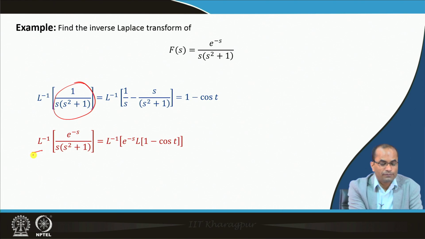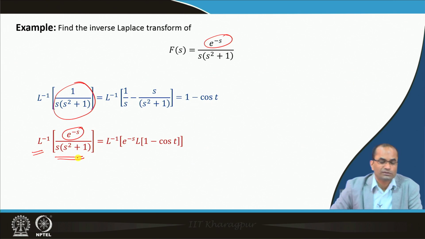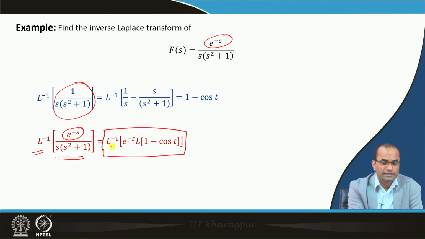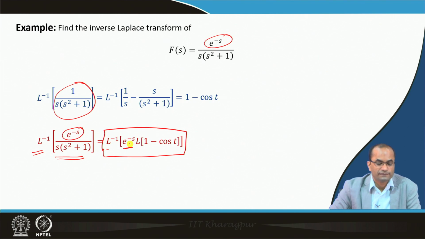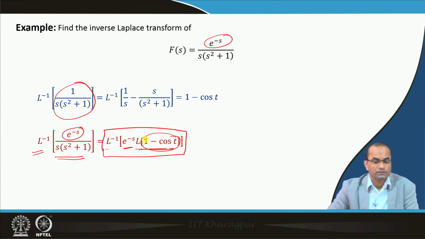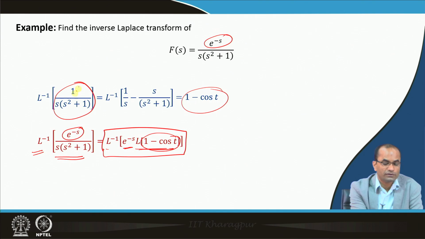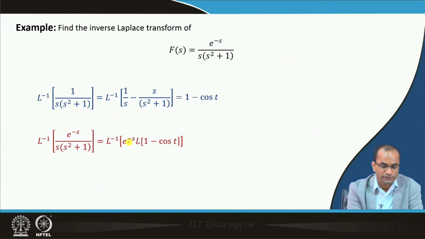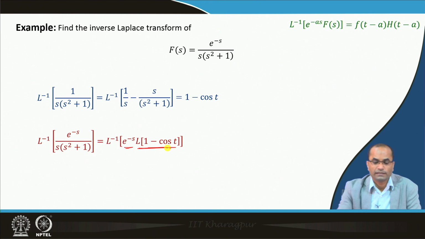Now, getting to the Laplace inverse of e^(-s) with this s into (s square plus 1). We will apply the shifting theorem. The Laplace inverse of this is 1 minus cos t. The second shifting theorem says that the inverse of e^(-as) F(s) is f(t-a) h(t-a).